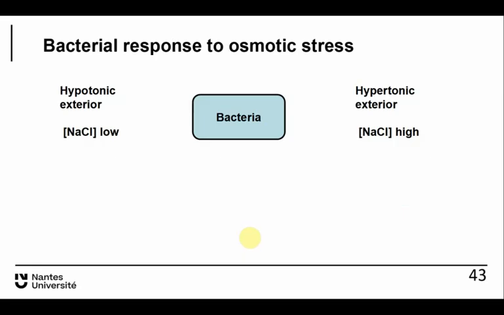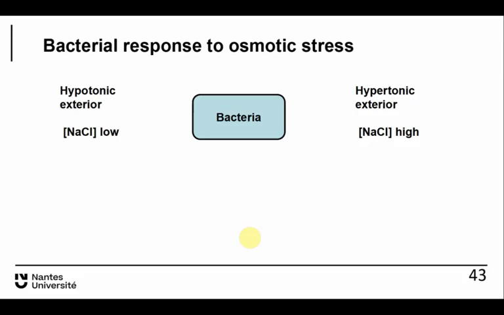most non-halophilic bacteria can grow in salt concentrations over quite a wide range, okay? So they can grow from about 20 millimolar, 50 millimolar salt up to about 0.5 molar. So, a tenfold range of salt concentrations.